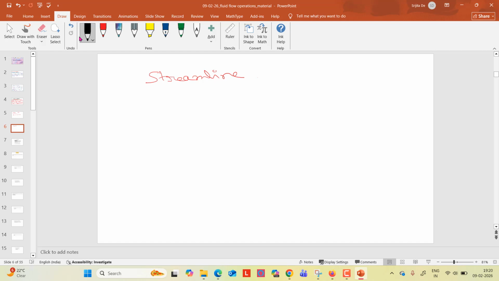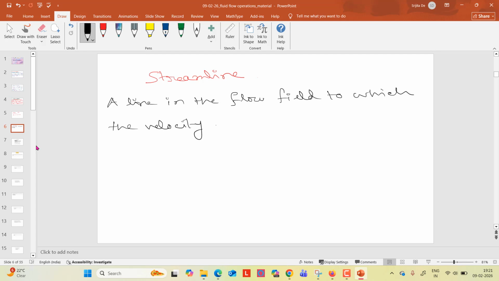Now what it is saying is that a streamline is a line in the flow field to which the velocity component is always tangential.